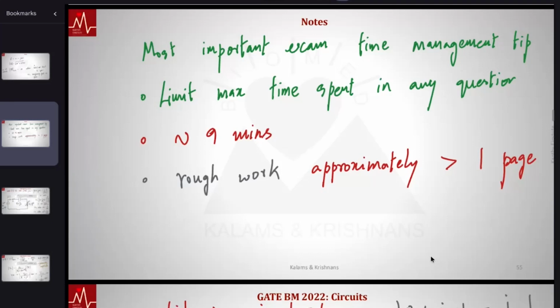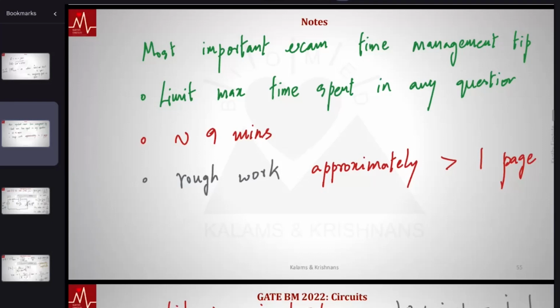However favorite topic it is, how much ever preparation you have put into that one topic, how much ever confidence you have on solving that question, how much ever interest you have on that concept, irrespective of all that, that 1 or 2 marks is not worth it.